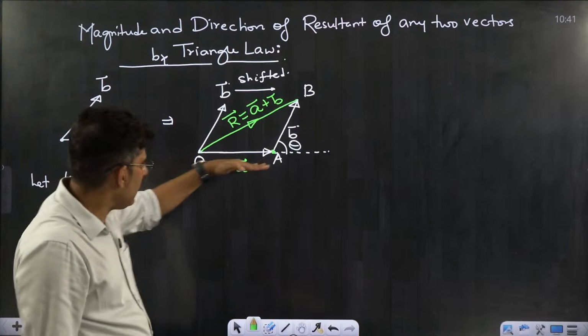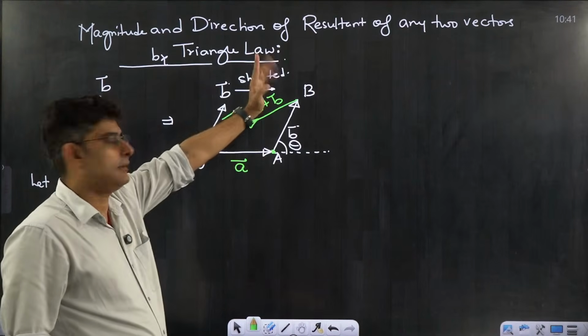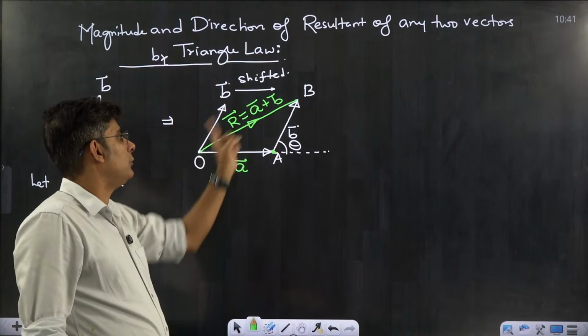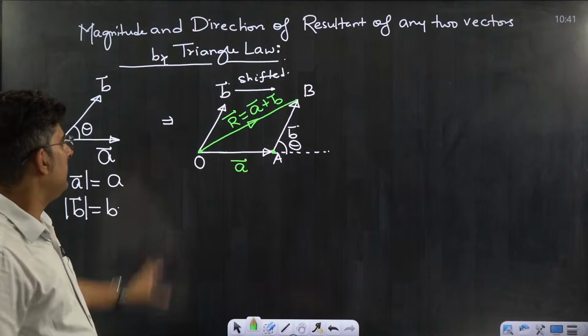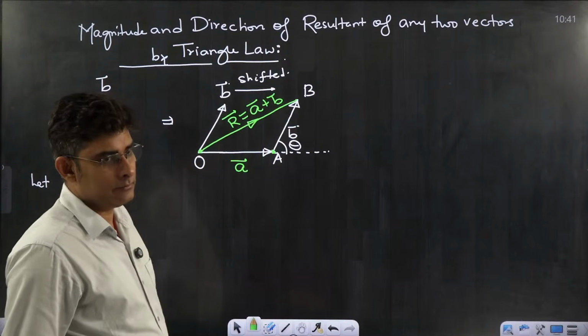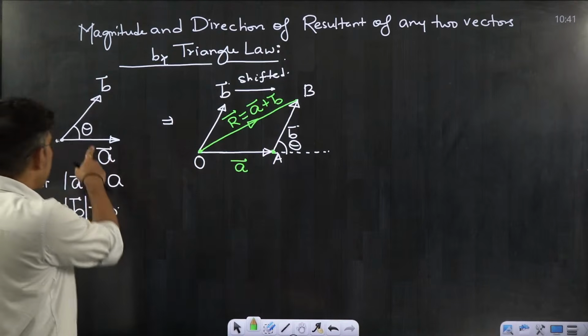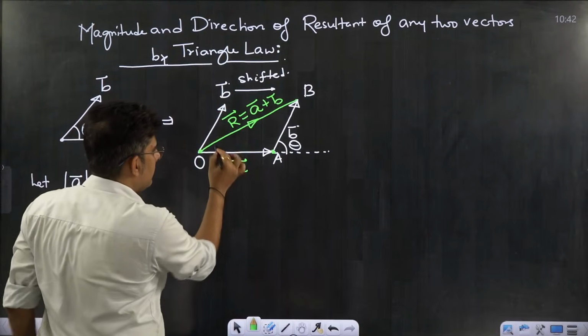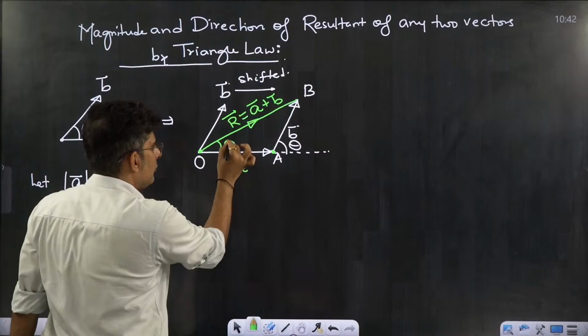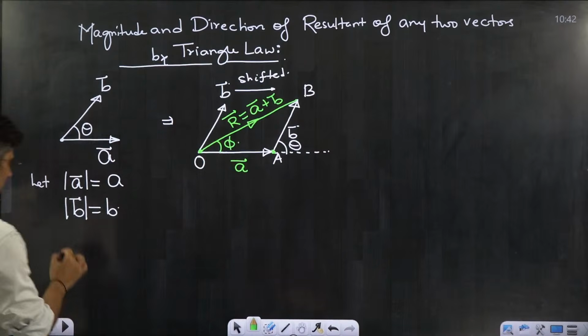I told now where A first ends, other starts. Then from beginning of first to end of last, you can say this is the resultant. Means the side OB will give you resultant. Acha, A and B have an angle theta between them. Resultant is also making some angle with A. Let's call this angle as phi. So I am going to write the data here.